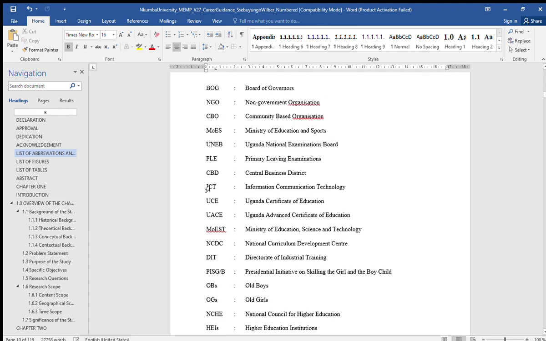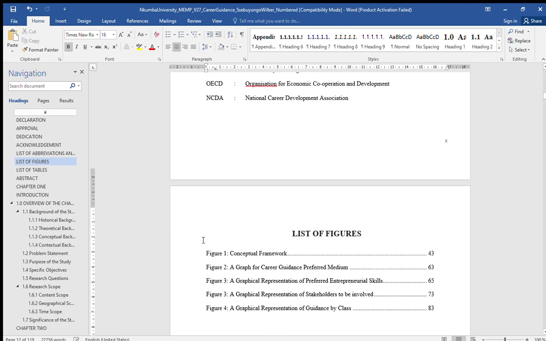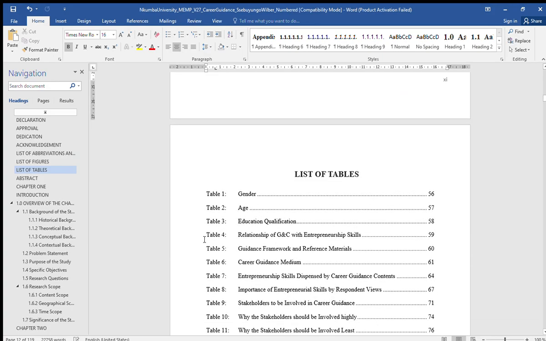Then after that, you go to the list of figures, just in case your work has some figures. You cannot avoid it, because you always have the conceptual framework, at least in chapter 2, in the literature review. At the end of it, we put the conceptual framework, so you will need it. Then after, you also have what we call a list of tables.